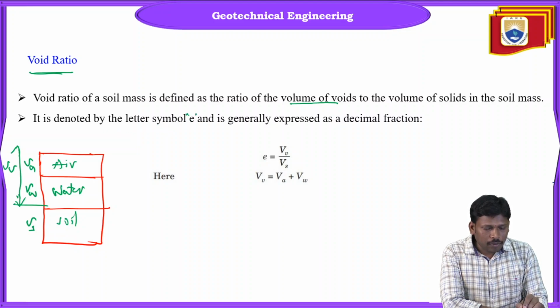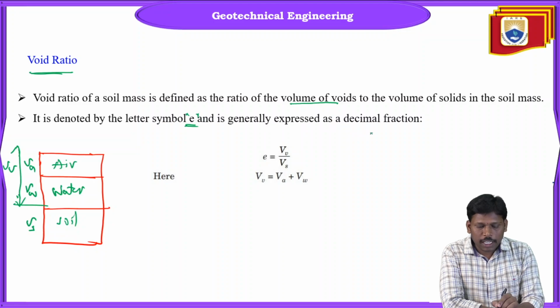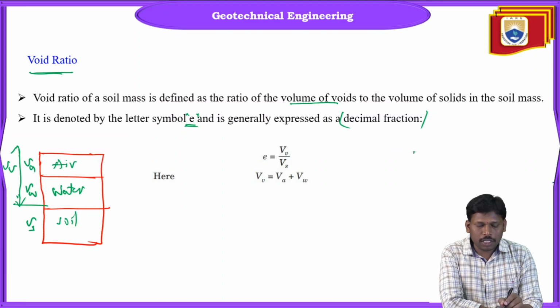It is denoted by the symbol e, and it's generally expressed in decimal fractions, like 0 point something. We will not express the void ratio in terms of percentages.